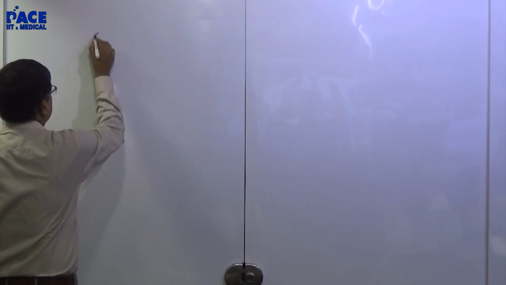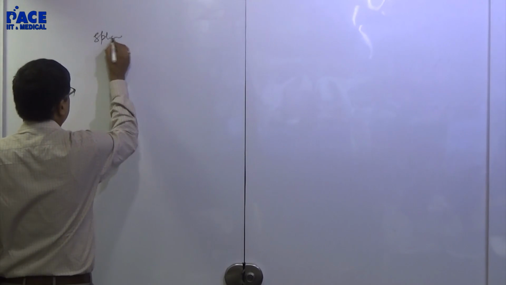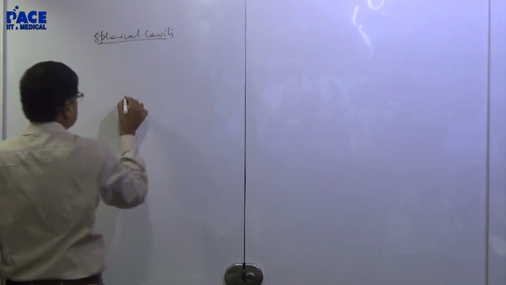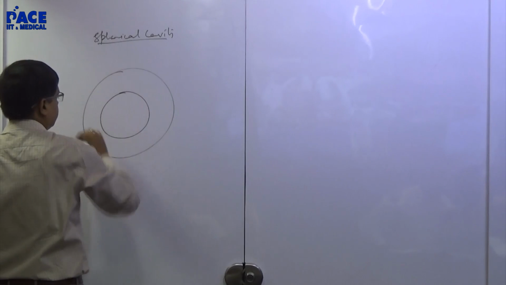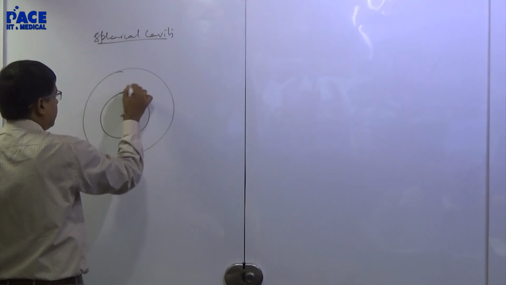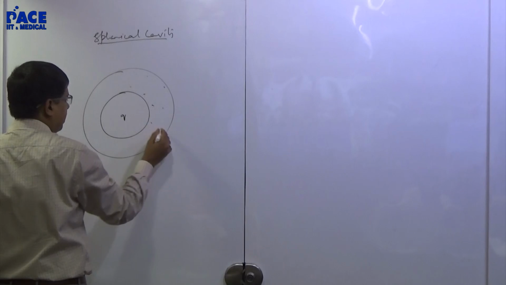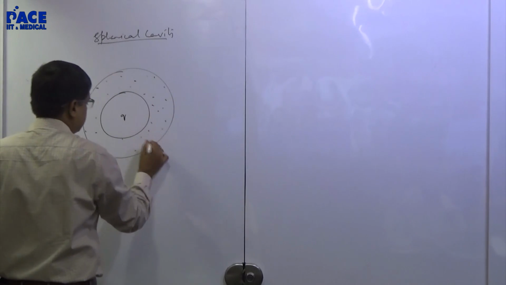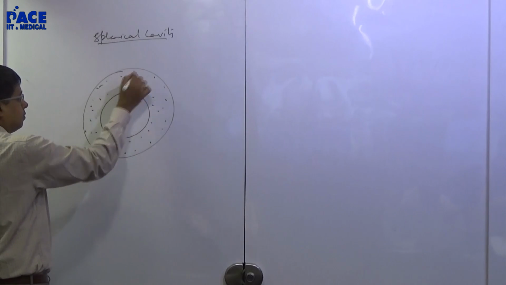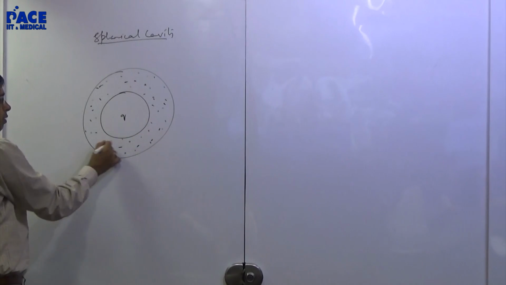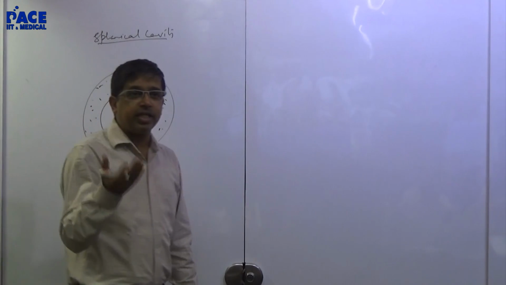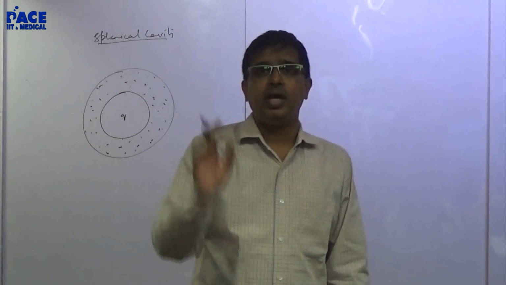Listen. Now we speak about a spherical cavity. I have a charge q inside the spherical cavity of inner radius and outer radius. This is a metal. Now, what did you tell me? Induction will take place in such a way to make the field 0.